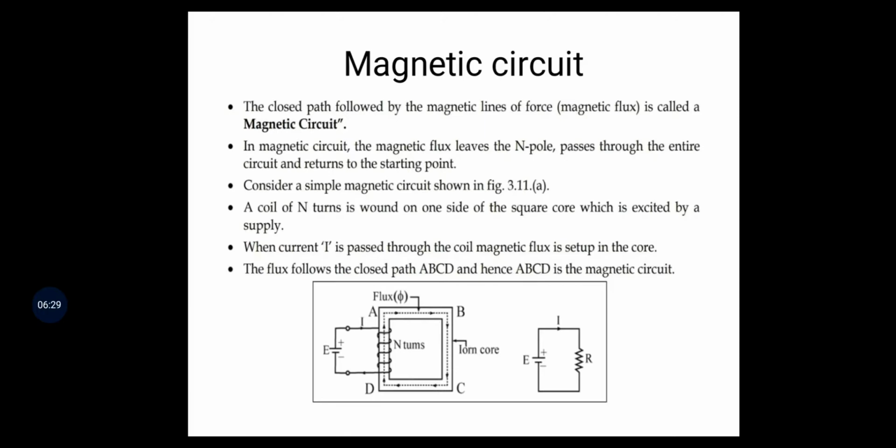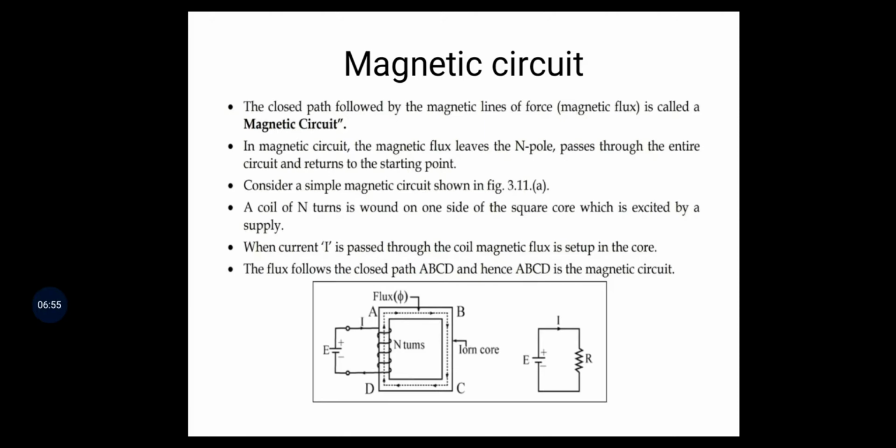Simply, first of all, we connect the voltage at one end of the square. When we apply the voltage, it automatically generates the current. When current flows across the turns, then magnetic flux is generated.